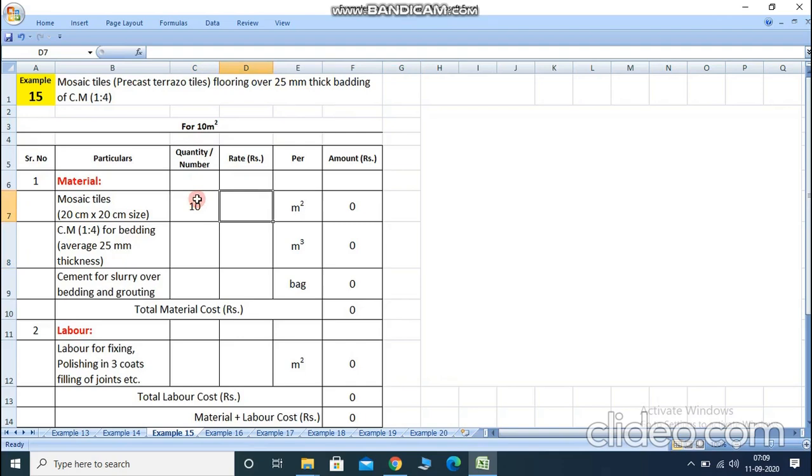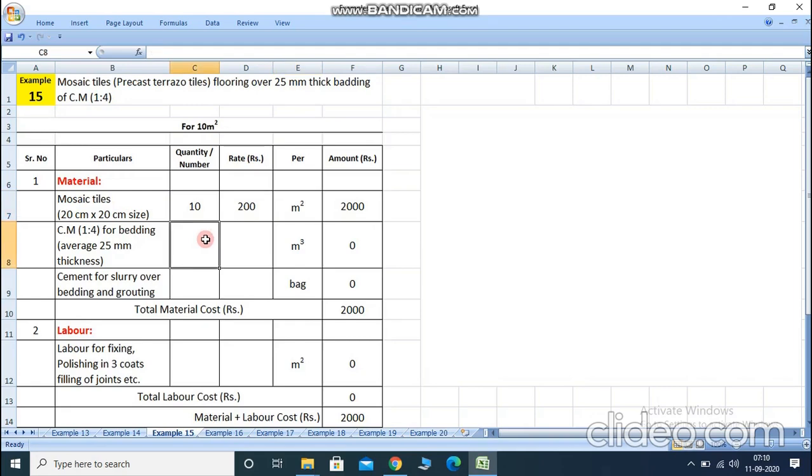Then the rate is 200 rupees per square meter. So the mosaic tiles cost is 10 multiplied by 200, which is 2000 rupees. Then the cement mortar of 25 mm thickness.